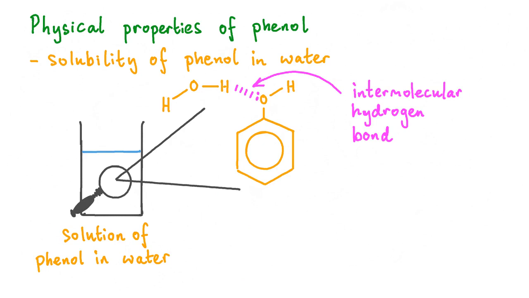Just as phenol molecules can hydrogen bond to other phenol molecules, they can also hydrogen bond to water molecules. This hydrogen bonding allows phenol molecules to fit into the extensive hydrogen-bonded network of water molecules in liquid water. This explains the good solubility of phenol in water.